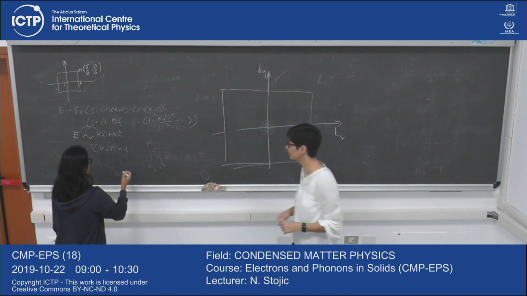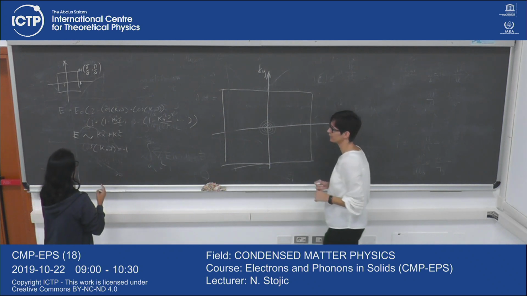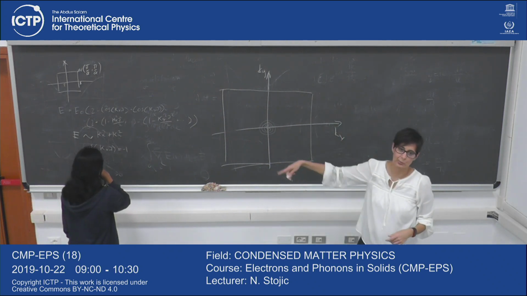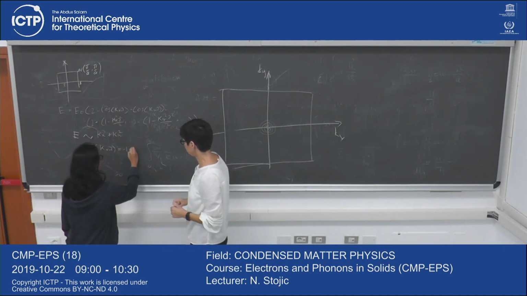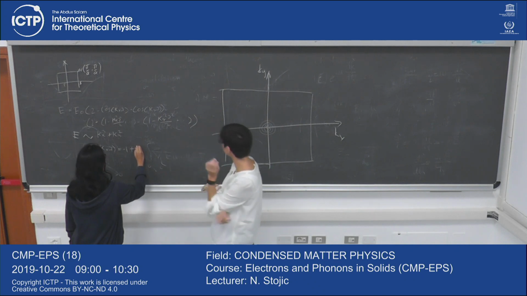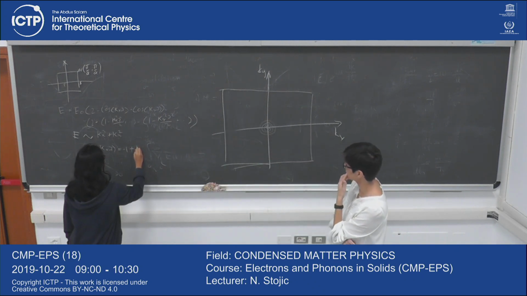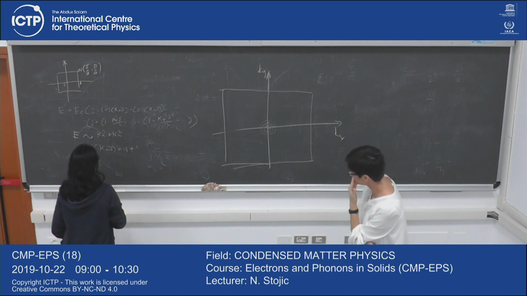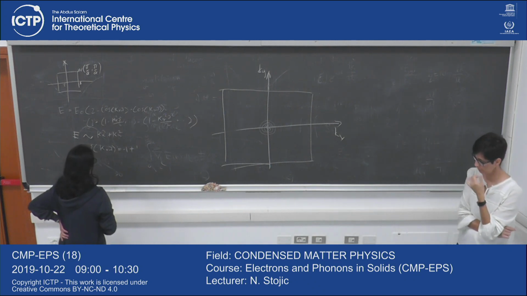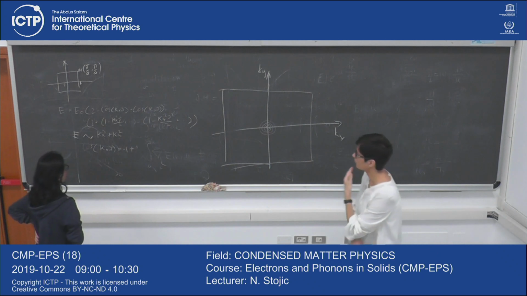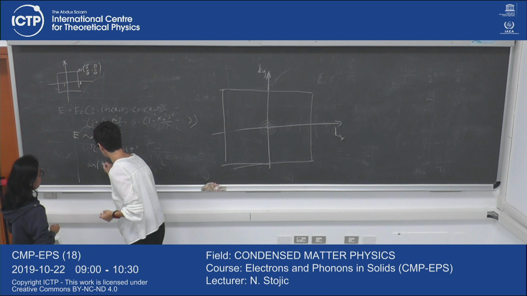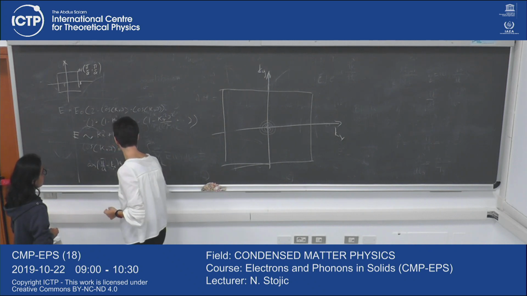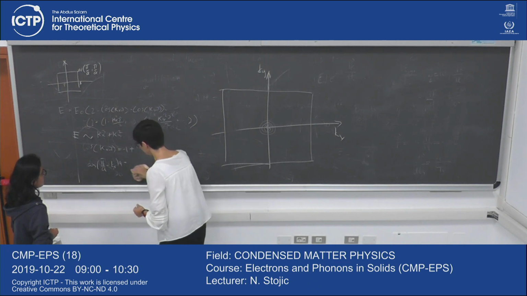You don't have to do the whole thing. You can just add cosine of pi over a minus kx. For me it's much easier this way, then I write the whole thing.